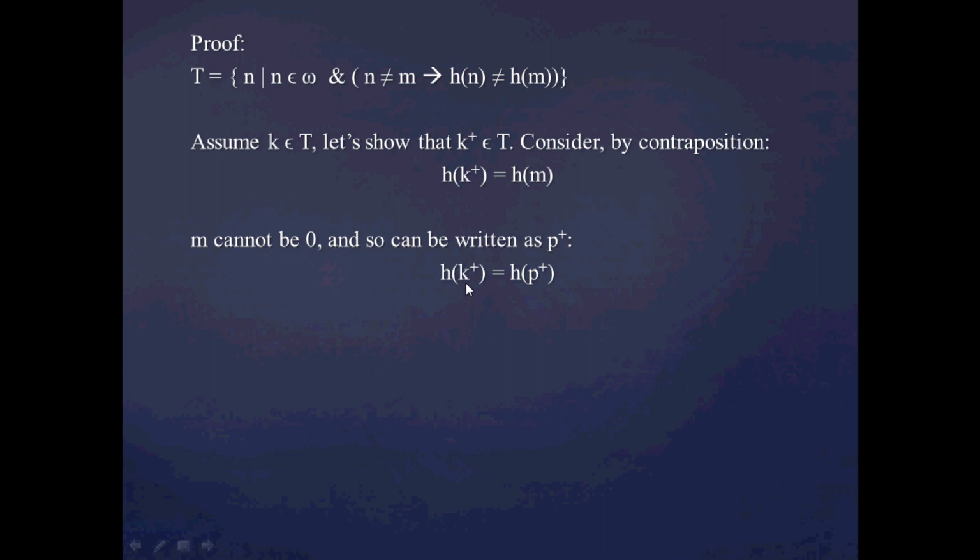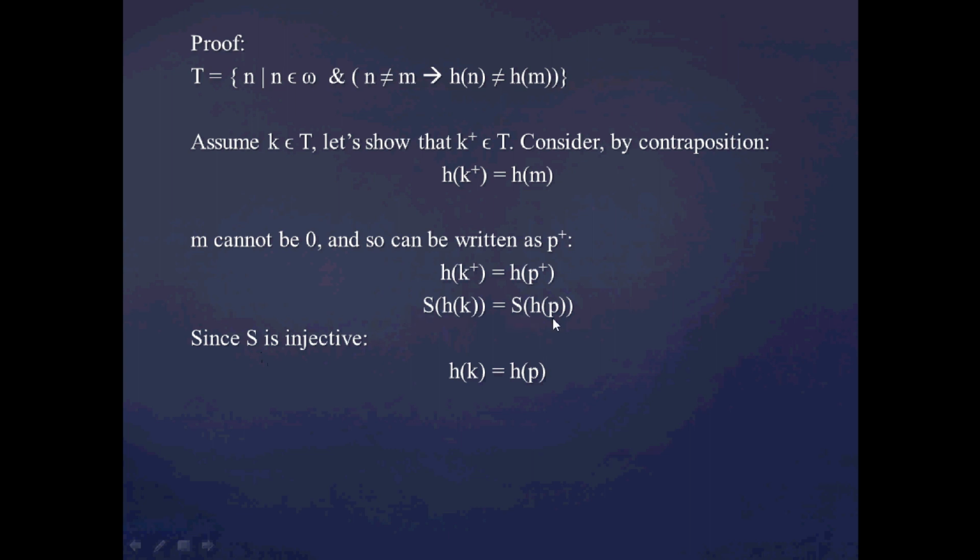So I have h of k plus is equal to h of p plus. Now I'm just going to apply the recursion twice. So h of k plus is equal to s of h of k, and h of p plus is equal to s of h of p. Now I know that since NSE is a Peano system, s is injective.